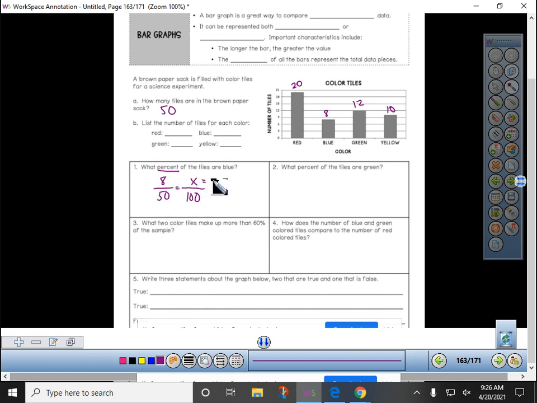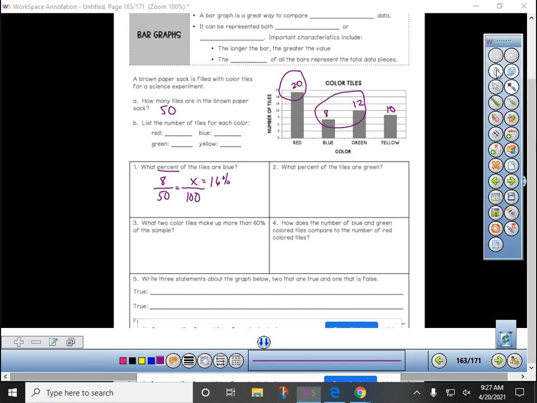What'd you get? 16. Good. Number 4. How does the number of blue and green colored tiles compare to the number of red colored tiles? Here's your blue and green compared to red. They're equal. Good. Turn the page.